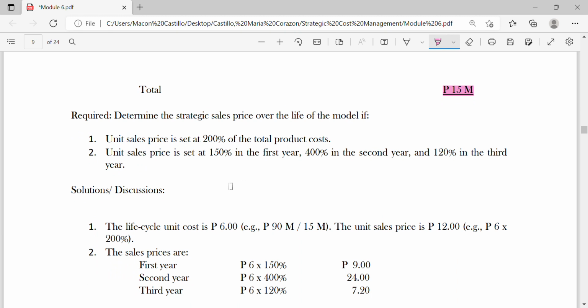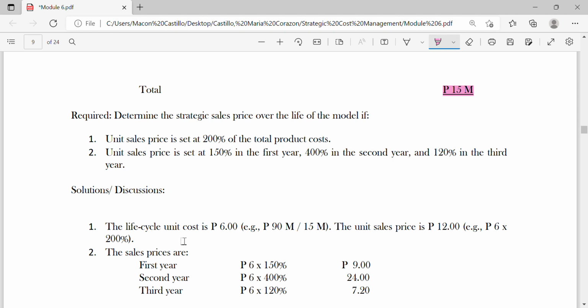So in setting the prices, you need to get the cost of the product. And the product life cycle costing suggests that you need to get the average unit cost of the product over the entire product life.